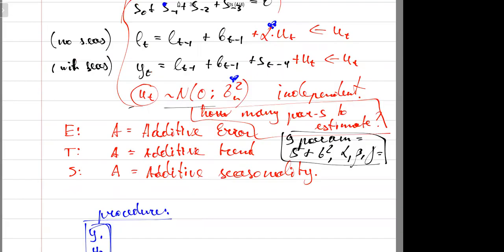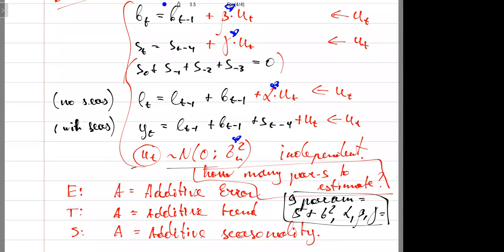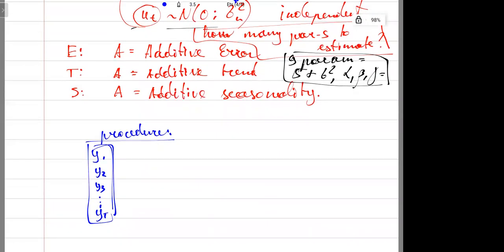You do not observe L, S, B. They are artificial. They are a means to interpret a model, to decompose Y into trend, seasonal effect, and so on. So you observe only YT. These are observed values.